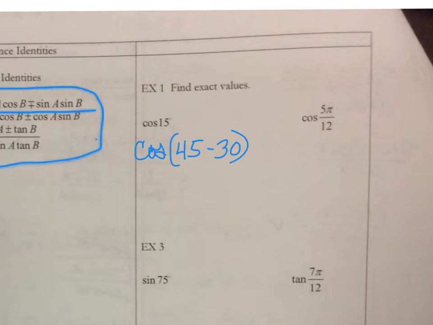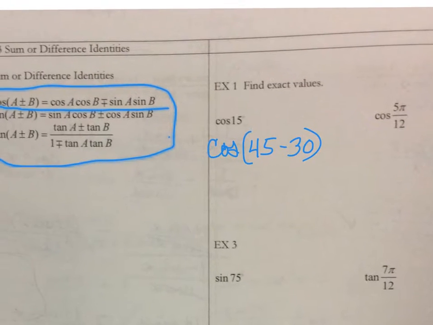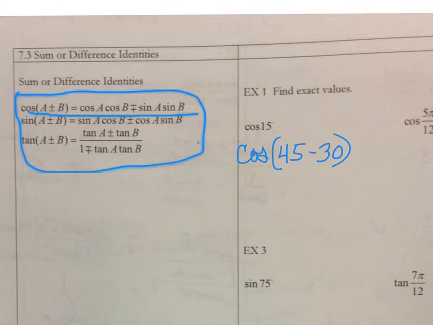Any of them would work, just like this one's going to work. Okay, so now I can apply this top identity up here, and by doing so I'll be able to get an exact value for cosine of 15.